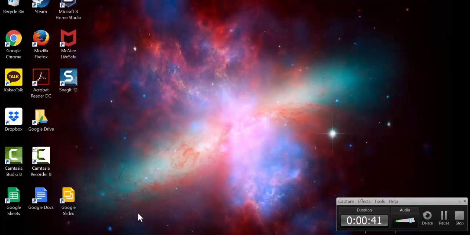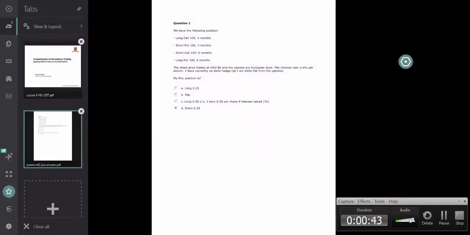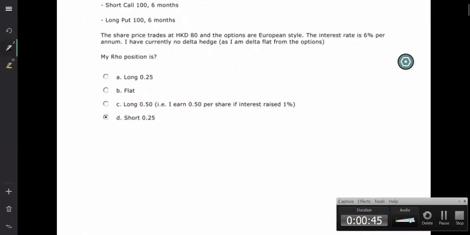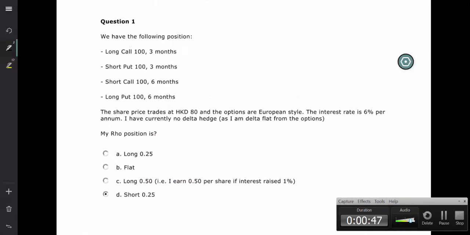Now let me go to question 1. Well, it's put-call parity. So you're long a short-term call. You long a call for 3 months and you're short a put for 3 months.